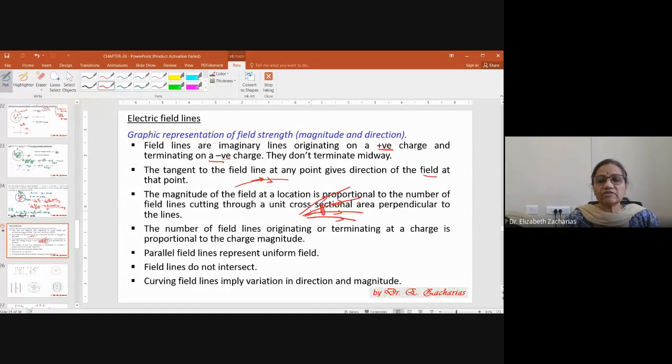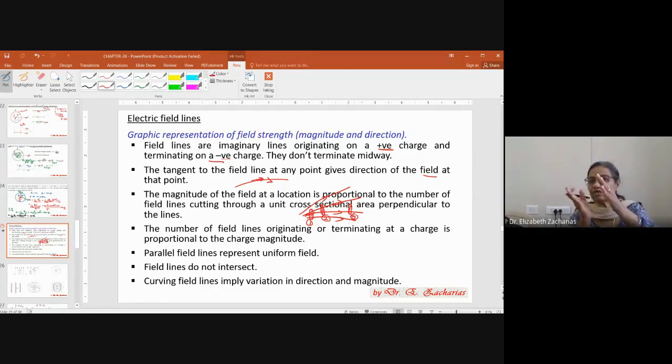If I draw a similar area here, I find that three lines are cutting. So the field here is actually greater than the field there. If I draw a similar area here, I find that only one line is cutting. So I know that the field at point 1 is greater than the field at point 2, which is greater than the field at point 3.